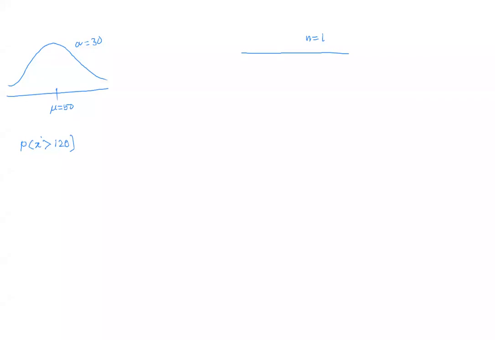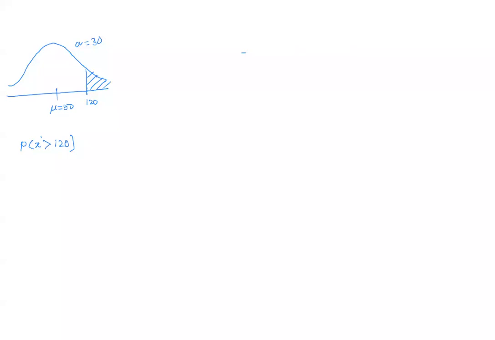So 50 is here right in the middle, 120 is going to be right here, and greater than means you're looking for this area. Now you should remember that those 2 weeks that I spent, by the way, on normal distribution and going back and forth between any normal distribution and standard normal distribution, those things are going to come handy right now.